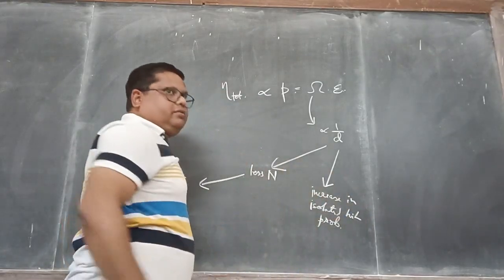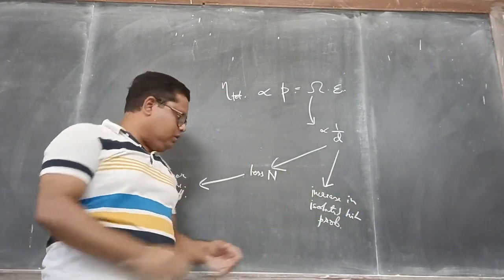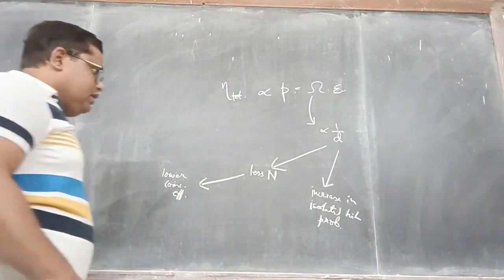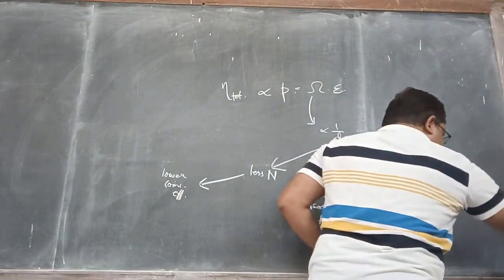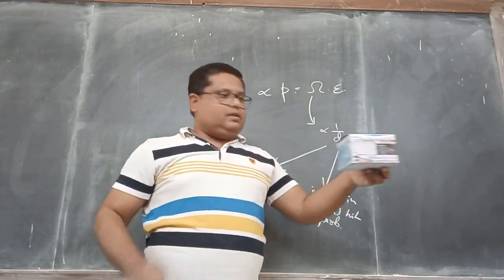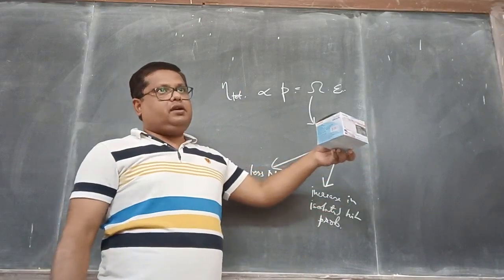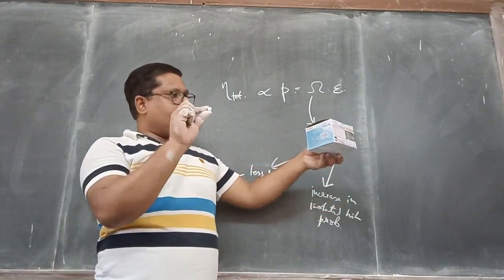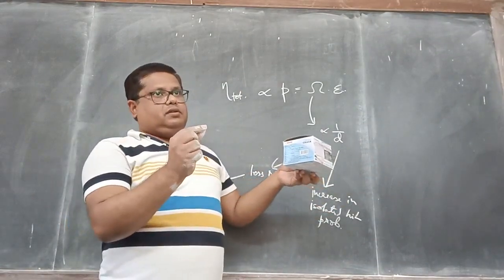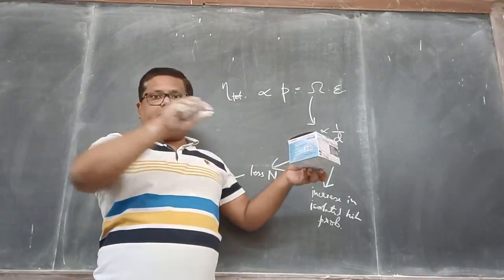What is this? This is very simple. We have already talked about it. The scenario is something like this. See, this is the detector. This is my source. From this source, gamma rays can come in any direction.